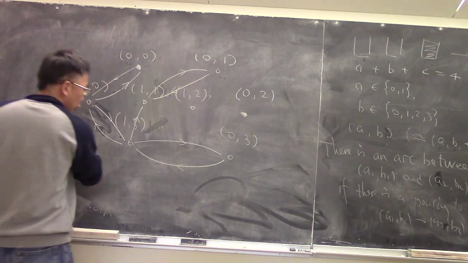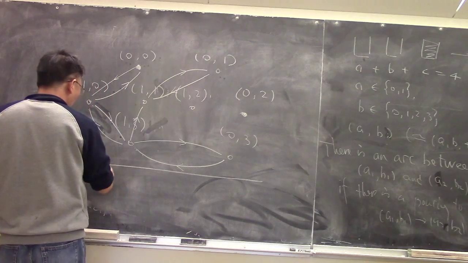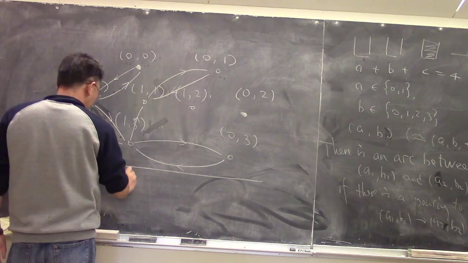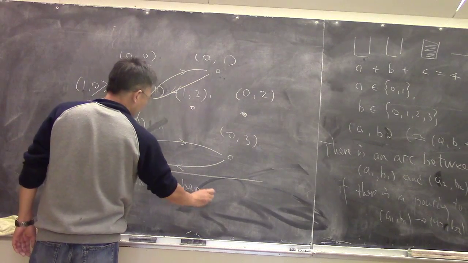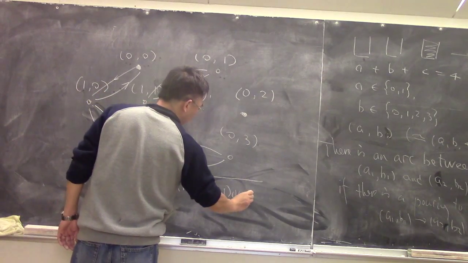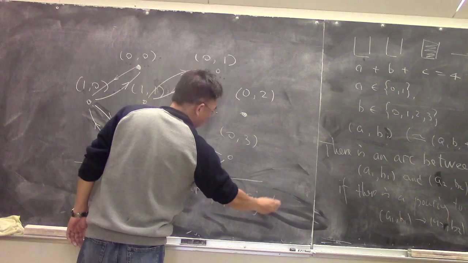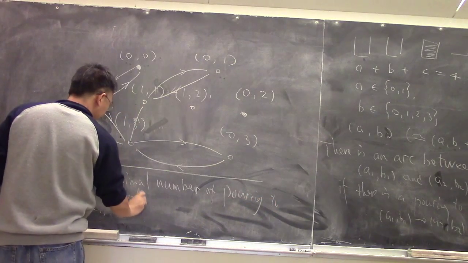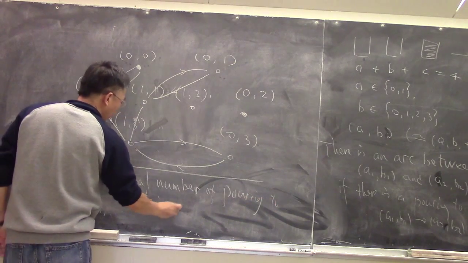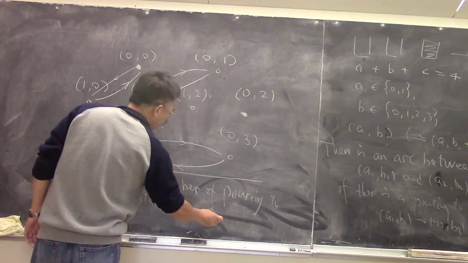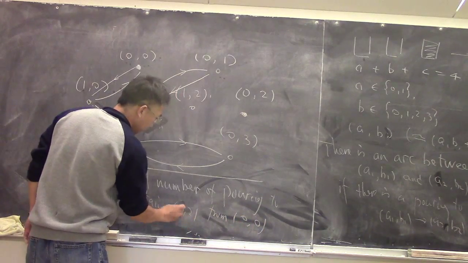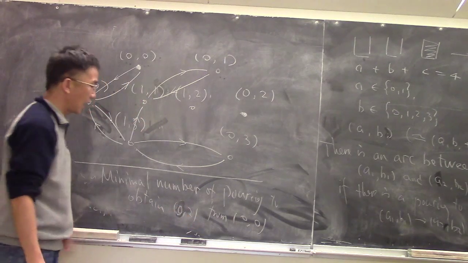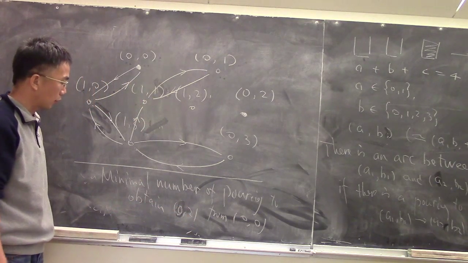And also, you can even ask what's the minimal number of pourings to obtain 0, 2 from 0, 0, right?